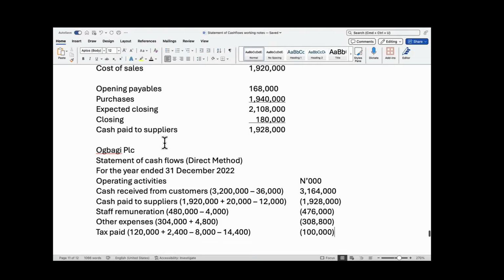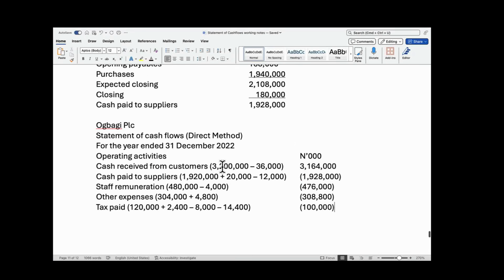And it's quite logical because they told me that my sales is 3.2 and they are owing me 36. It means I've received the difference. I paid my suppliers, or my cost of sales was this.